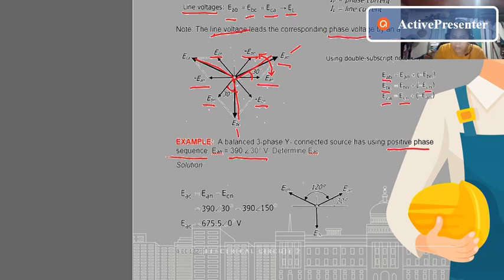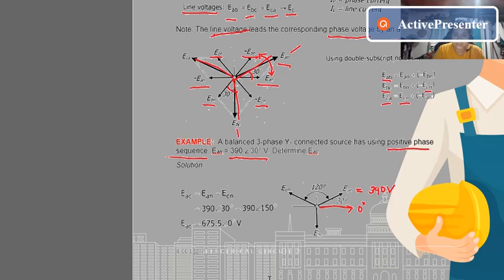So, therefore, from our 0 angle, na siya 30 degrees. So, mao ni atong EAN with 390 volts. So, ang gipangita nato ay EAC.